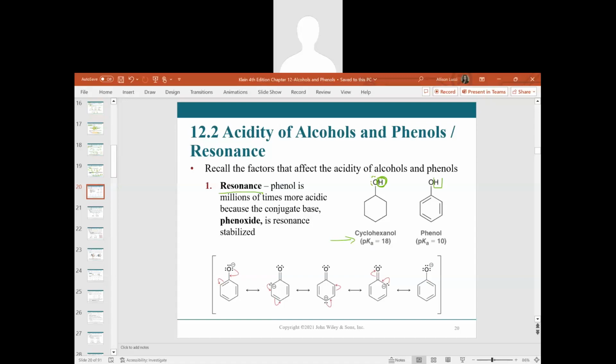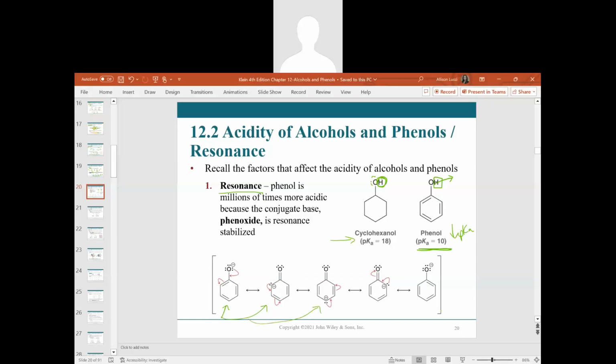But if we were to deprotonate phenol, so this is gone, we see down here we have multiple resonance forms, some more stable than others. But the phenol here we see has a much lower pKa value.